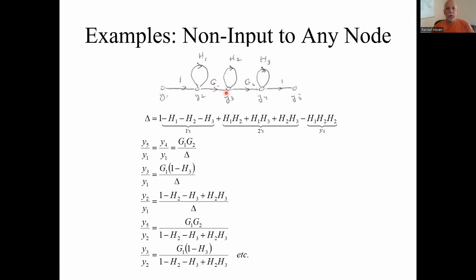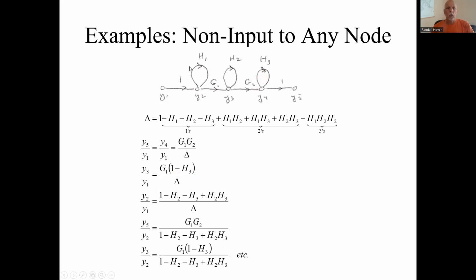Y1 to Y3 doesn't touch this loop. So its gain, E1, that gets you to Y3, times that minor determinant, which is 1 minus this loop gain.